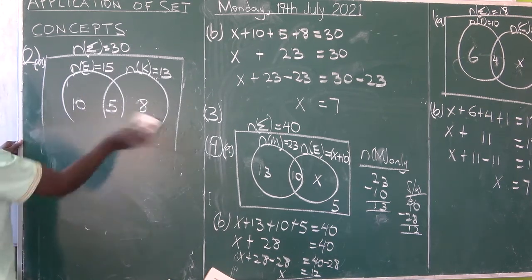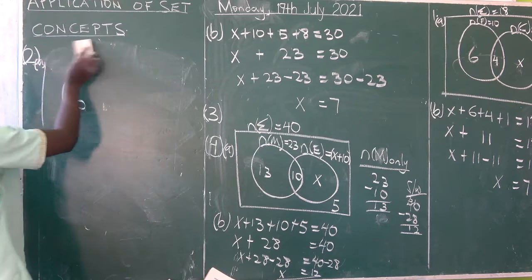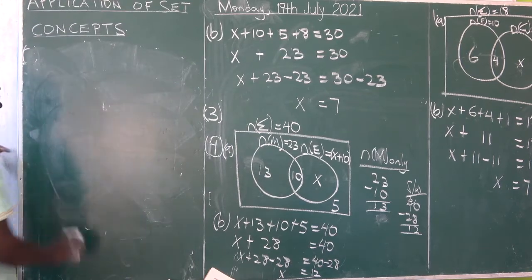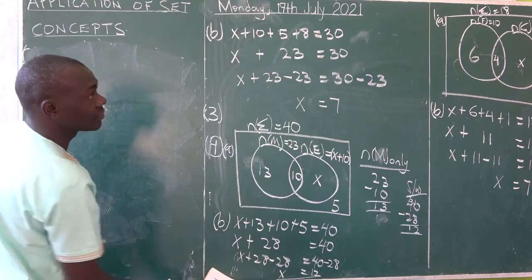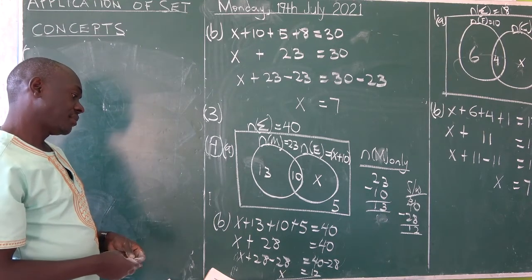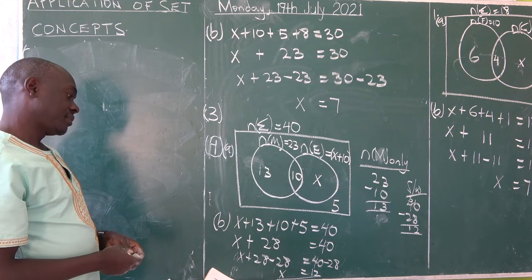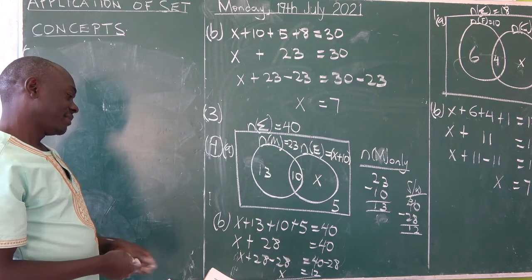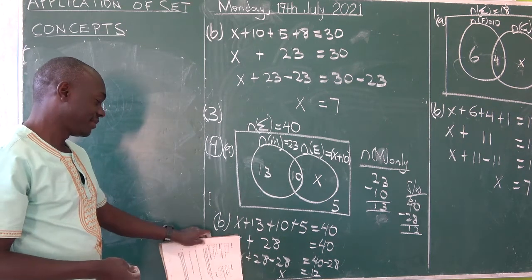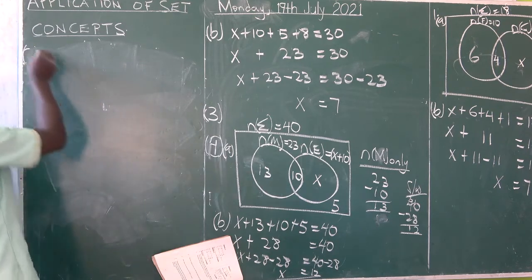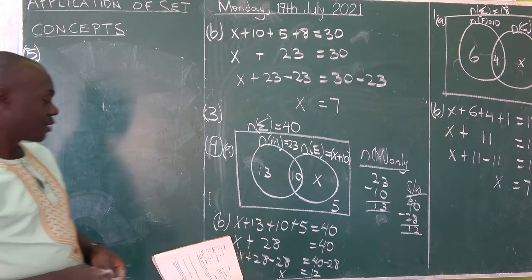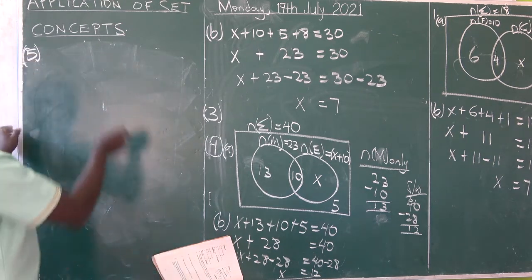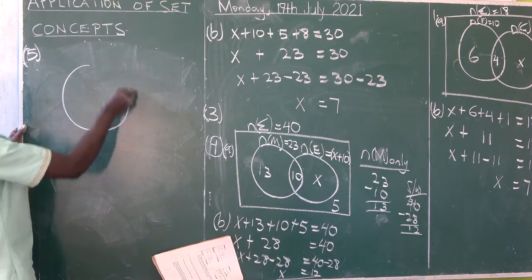Out of a team of 11 players, 5 play with the left leg. Okay, then they are present. Thank you.